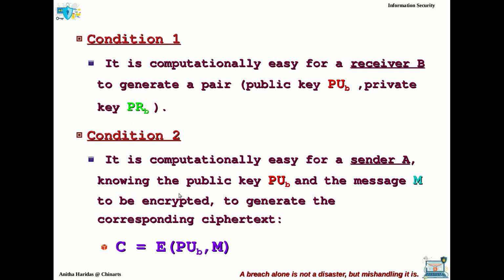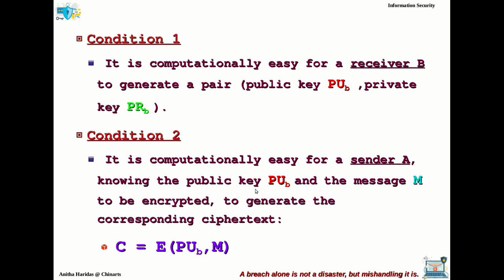And the second condition is it is computationally easy for a sender knowing the public key and the message M to be encrypted to generate the corresponding ciphertext, right? So this process must also be computationally easy for the sender.